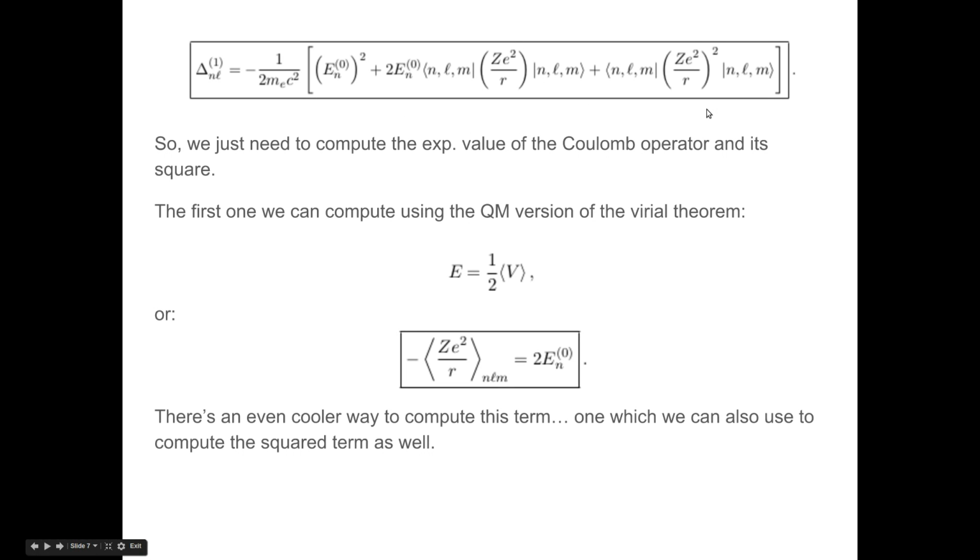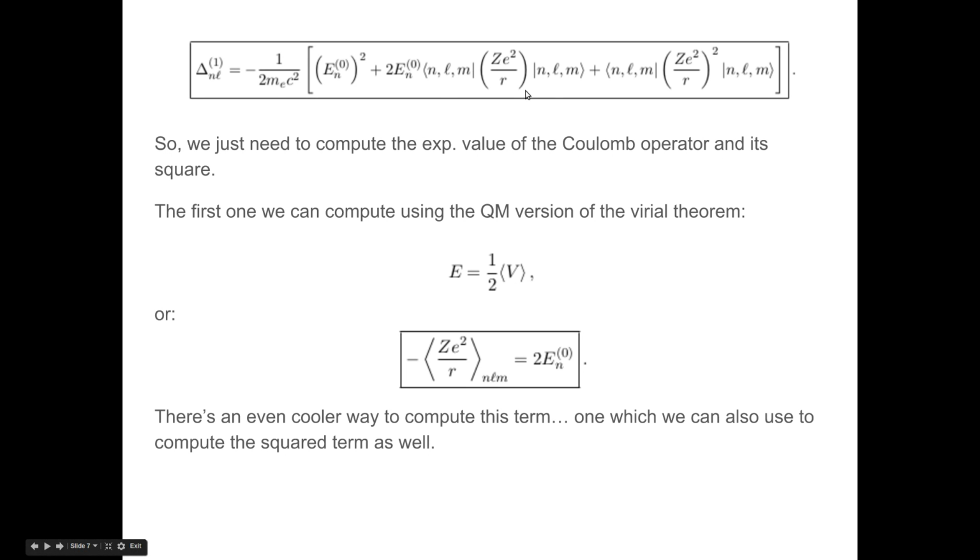and this guy for the Coulomb potential squared. So all we need to do now, and that sounds simpler than it really is, is to compute the expectation value of the Coulomb operator and its square. It turns out that the first one you can compute in one line, and it comes from the quantum mechanical version of the virial theorem, which says that the total energy is equal to 1/2 the expectation value of the potential energy.